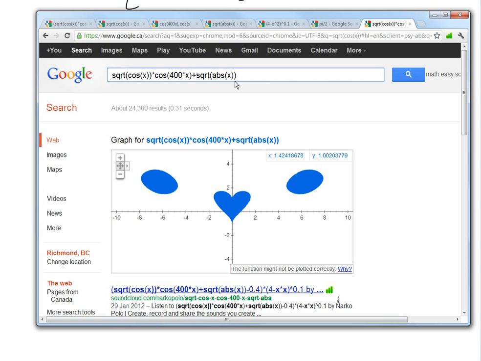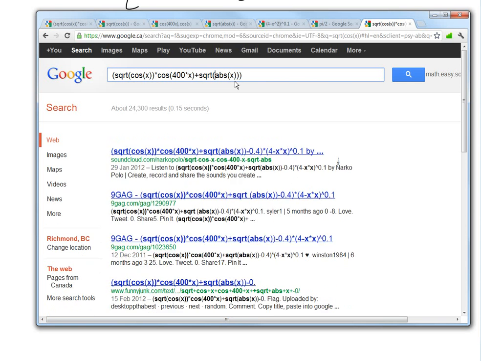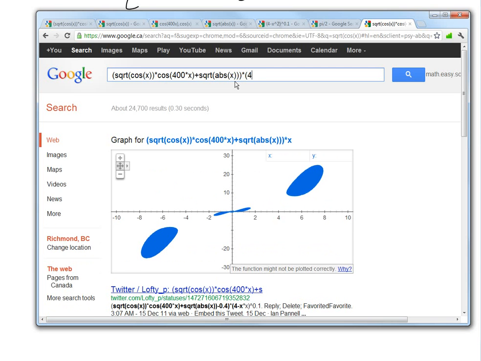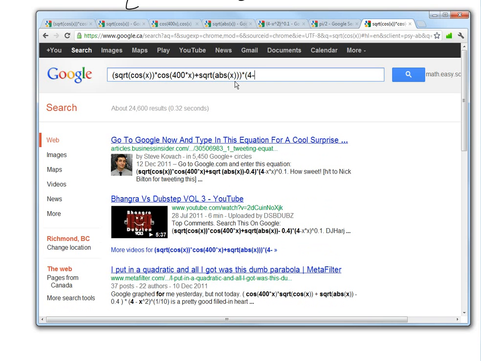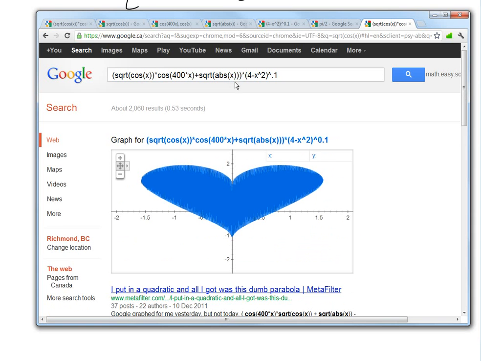Okay, now let's see what happens here. We'll just ignore the minus 0.4 and see how it comes in handy. Put the brackets on both sides, times 4 minus x squared, to the power of 0.1.